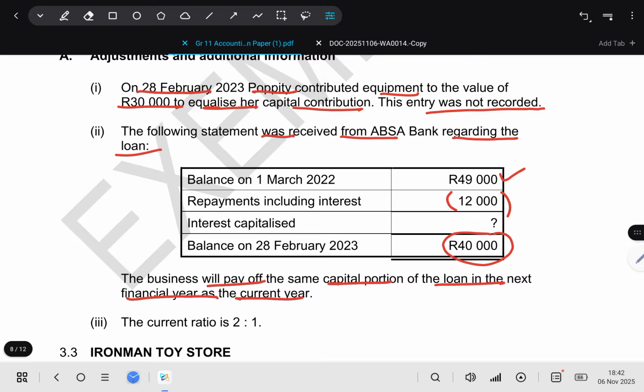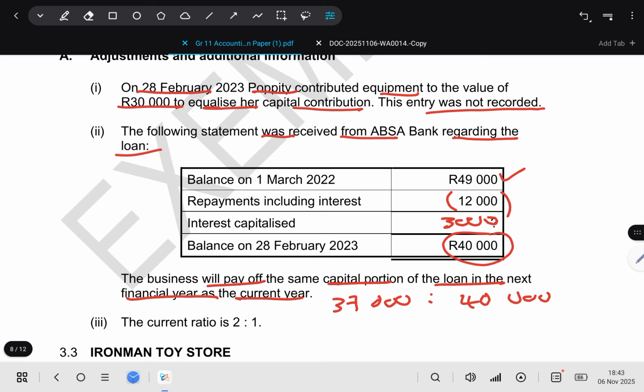So let's see. If you say 49,000 minus 12,000, it gives you 37,000. When you compare between 37,000 and 40,000, it means that our interest here was 3,000, because 40 minus 37 gives 3. So our answer here is 3,000.